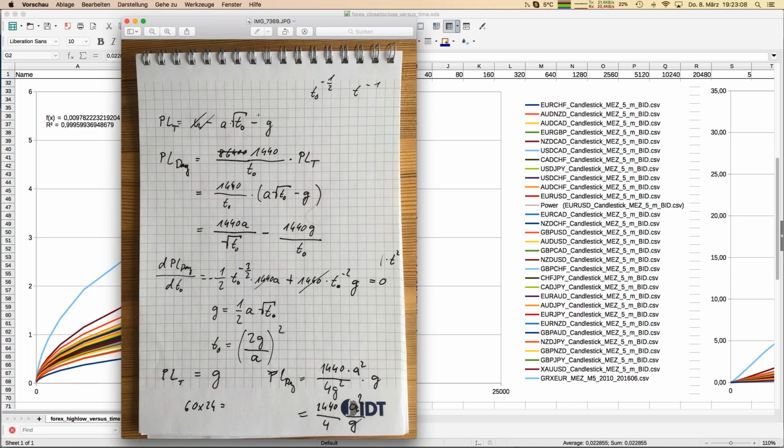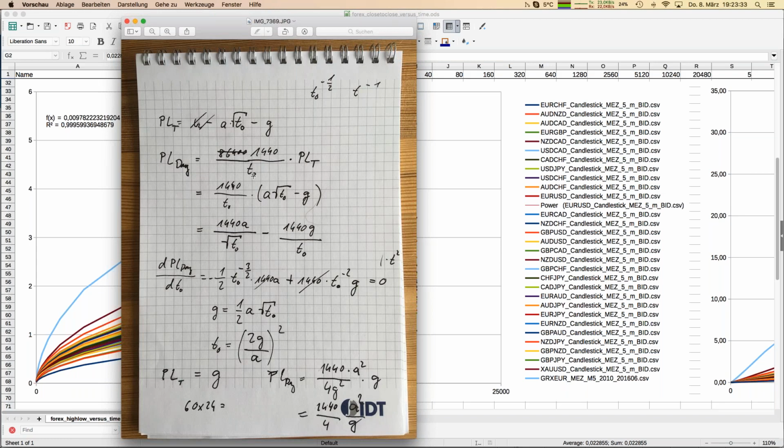But what if we now calculate that we close a trade after T0 and then directly open the next trade? So think about how many trades we do per day. It would be exactly 1,440, because that's the number of minutes per day, divided by this T0.